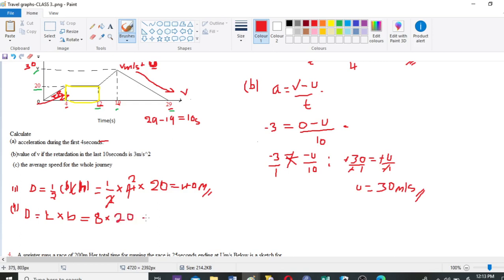That's 20. If you multiply your 8 by 20, what are you getting? You should get something like 160. Okay, you should get 160 meters. That is the distance you have there.